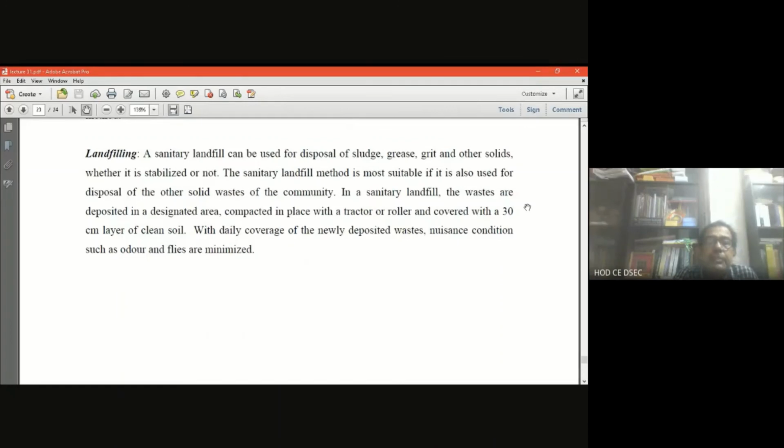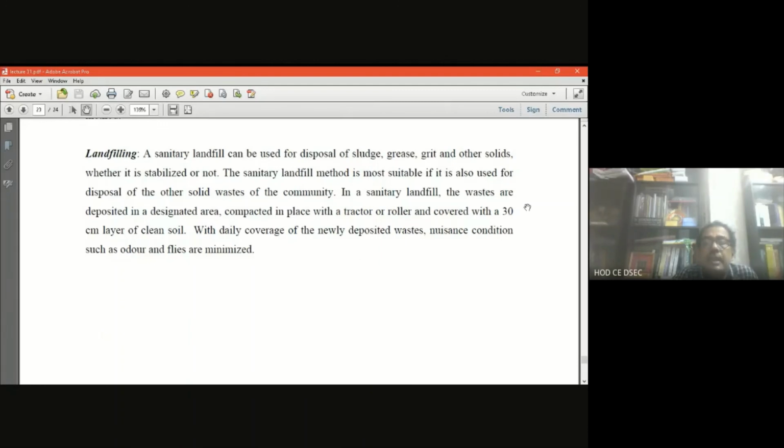A sanitary landfill can be used for disposal of sludge, grease, grit, and other solids, whether stabilized or not. The sanitary landfill method is most suitable if it is also used for disposal of the other solid waste of the community.